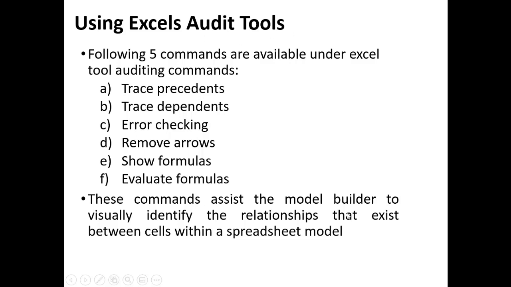This command assists the model builder to visually identify the relationship that exists between cells within a spreadsheet model. So basically these auditing tools would help you to identify the relationships that would exist in a model that you have developed.